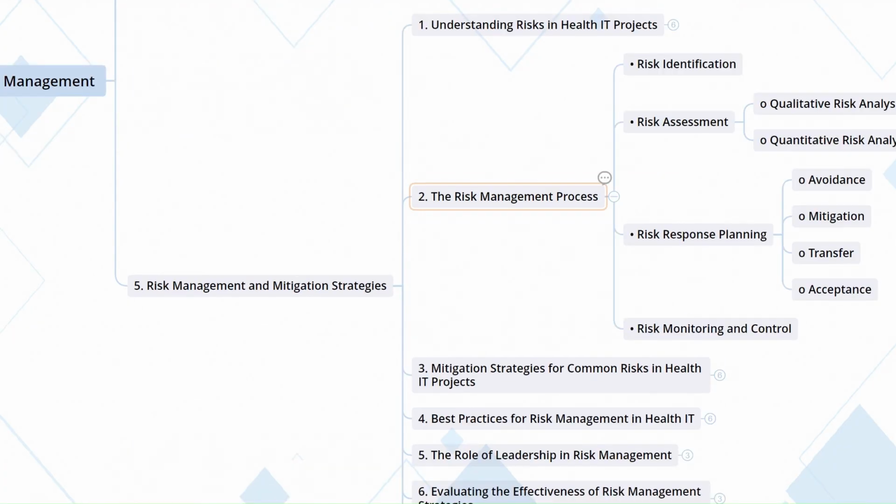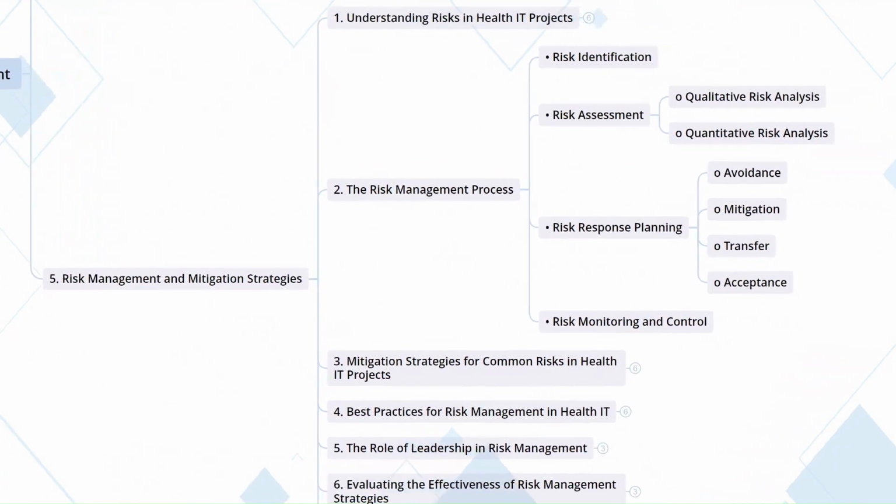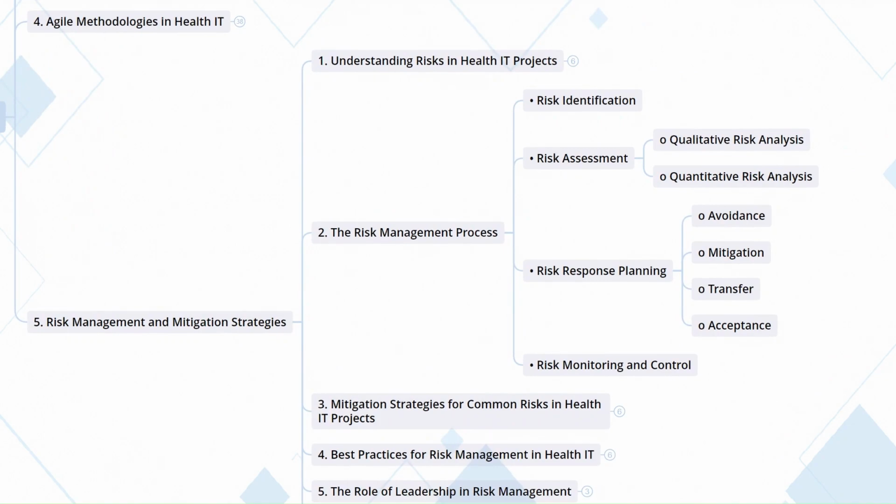Next, the risk management process. Effective risk management typically follows a structured process consisting of several key steps. These include risk identification, risk assessment, risk response planning, and risk monitoring and control. Firstly, risk identification.